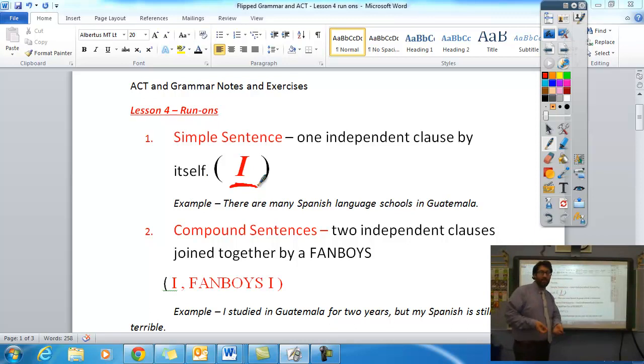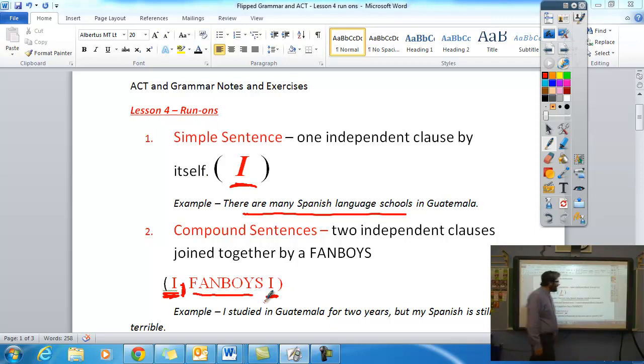Independent clauses can stand on their own. So a simple sentence is when you've just got one independent clause by itself. There are many Spanish language schools in Guatemala. One independent clause, so that's a simple sentence. Then compound is when you take two independent clauses and you join them together with a comma and a fanboy.